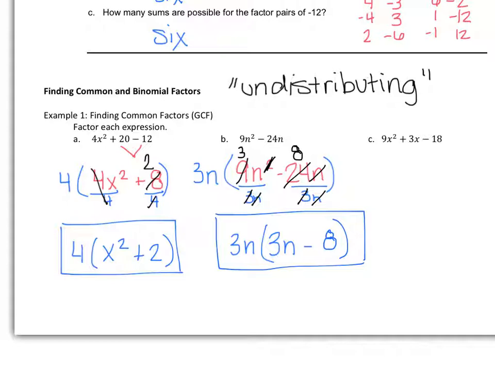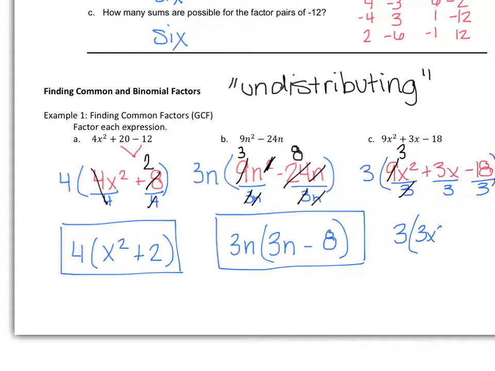All right, let's do the last one. What is common between all of these terms? A 3. So we are going to bring a 3 out to the front. And that means we have to divide each term by 3. So our answer will be 3 times, see, these reduce to 3x squared.